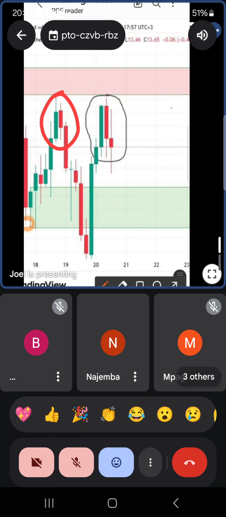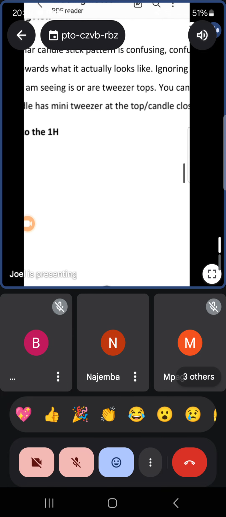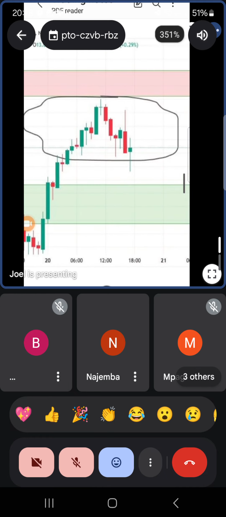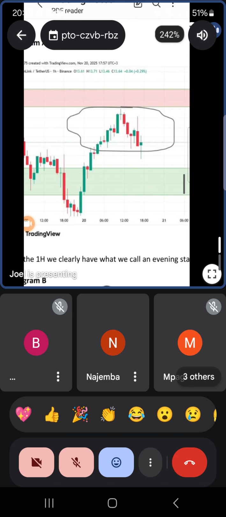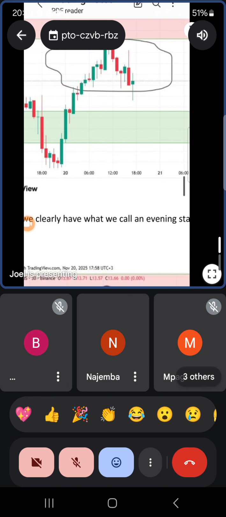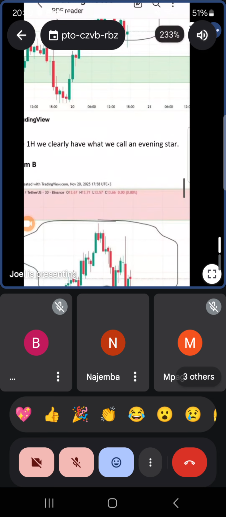So I moved to the lower time frame, the 1 hour on Chainlink, and I saw an evening star. Basically, it's telling me price is going down. But still it wasn't enough confluence for me to short.